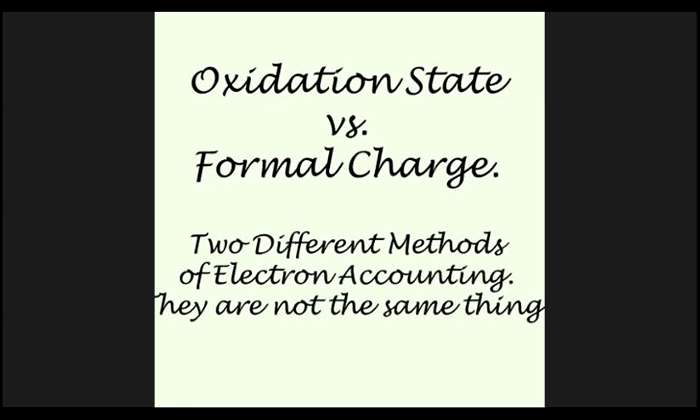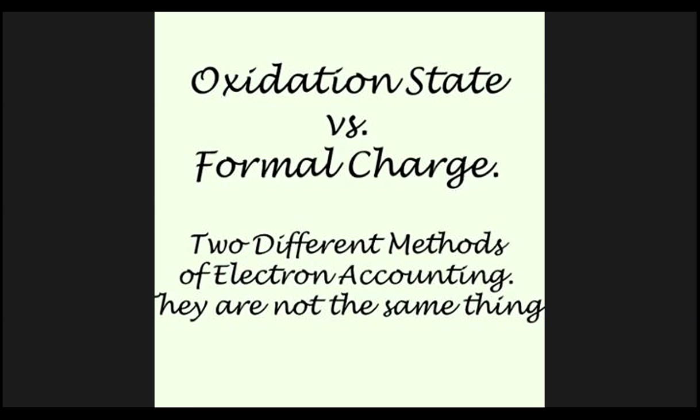You've already learned how to calculate formal charge, but we're going to start talking about oxidation reactions of alcohols and reduction reactions of carbonyl compounds. In order for you to understand why those are oxidations and reductions, I need to show you how we calculate oxidation state.